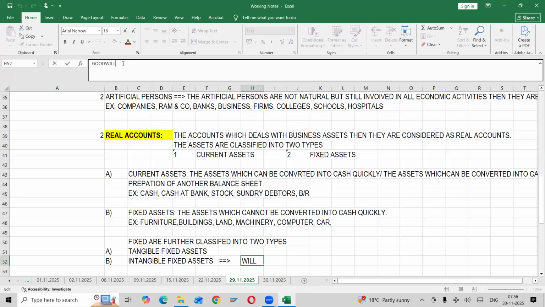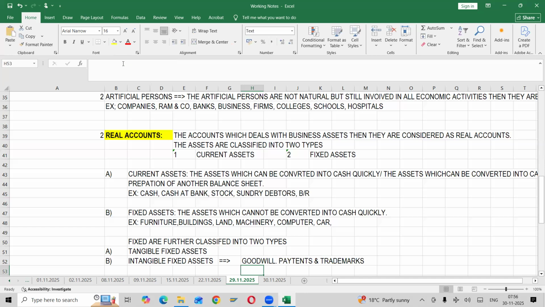Next, patents and trademarks, which we can't see, but are an asset for that business. A trademark is the Nike symbol, or the Audi circles. So these are intangible fixed assets.